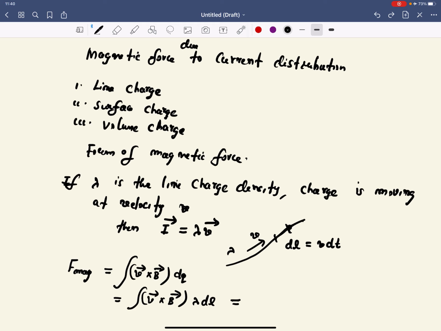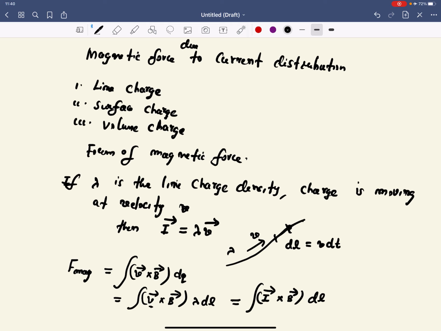So we can rewrite in terms of the current: v lambda is the current vector, cross B into dl.